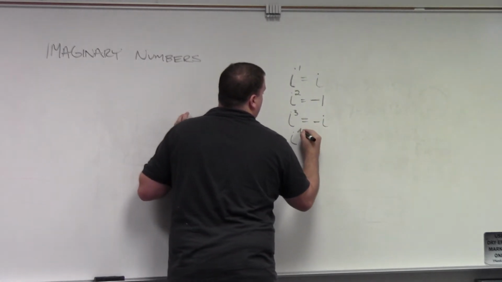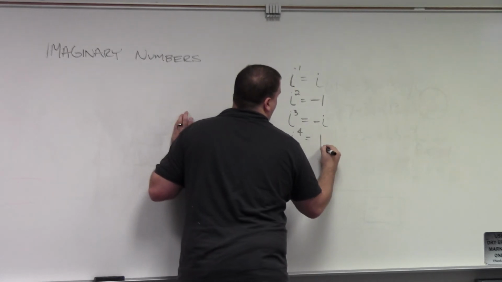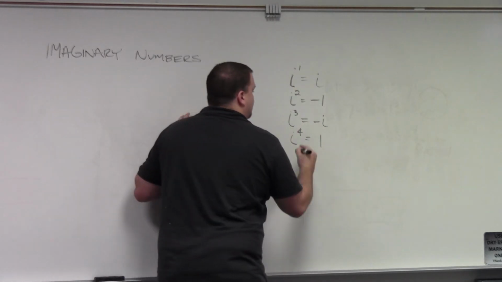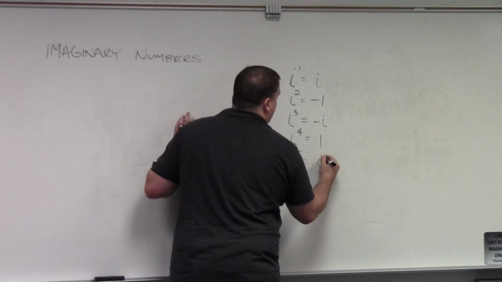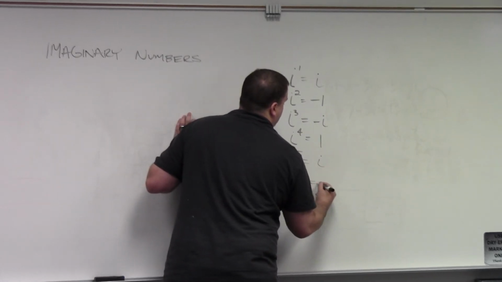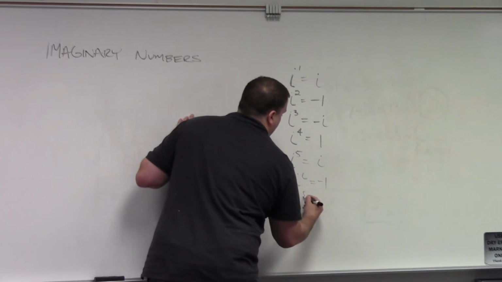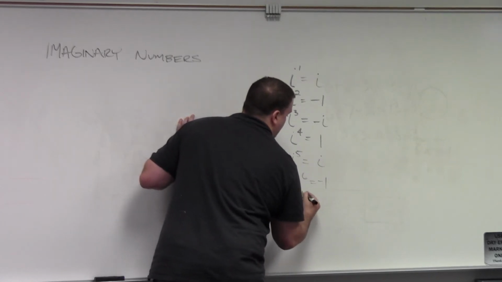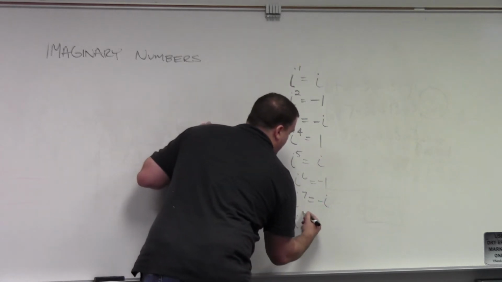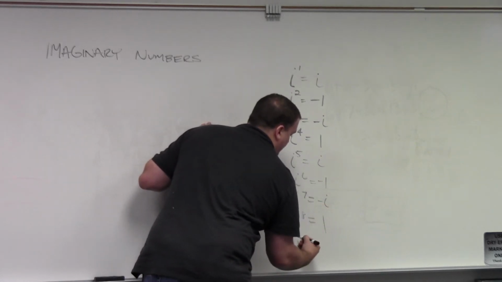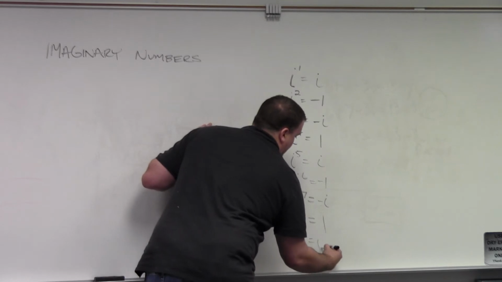i to the third power, if you work it out, ends up being -i. i to the fourth power equals 1. This list actually keeps going. You can work it out algebraically. i to the fifth ends up being i. i to the sixth is -1. i to the seventh is -i. i to the eighth is 1. i to the ninth ends up being i.